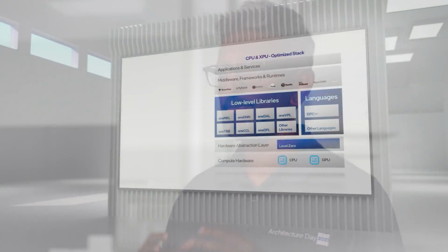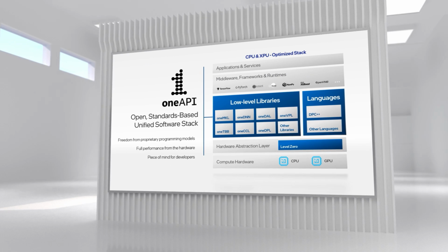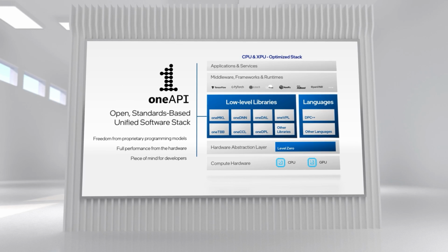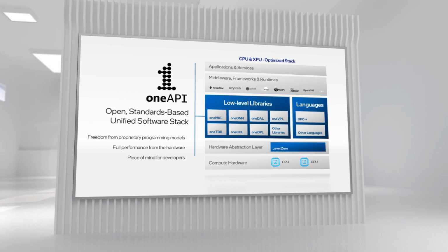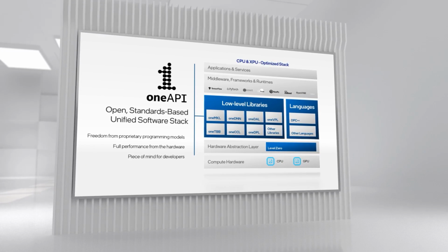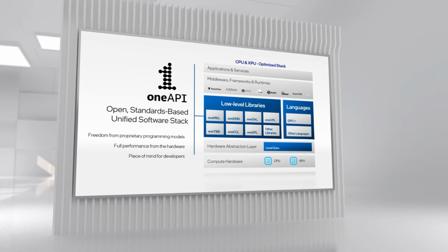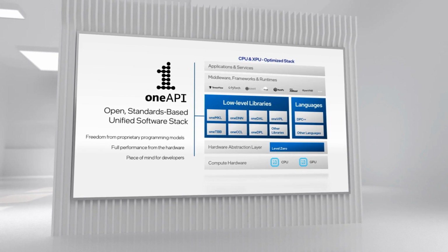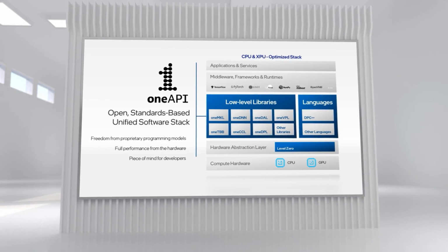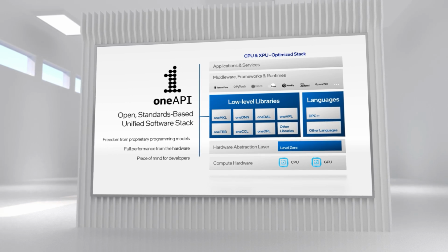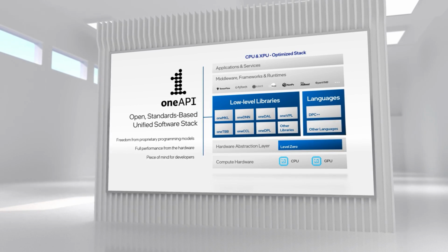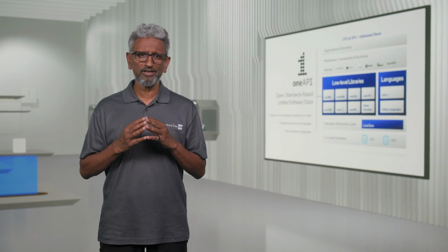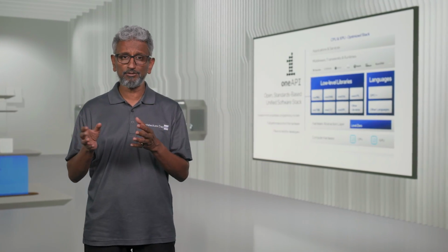So we created oneAPI. The oneAPI industry initiative provides an open, standards-based, unified software stack that is cross-architecture and cross-vendor. The first version of the industry spec was released in September of last year, which specified a common hardware abstraction layer, data parallel programming language, and comprehensive collection of performance libraries addressing math, deep learning, data analytics, and video processing domains. oneAPI allows developers to break free from proprietary languages and programming models.